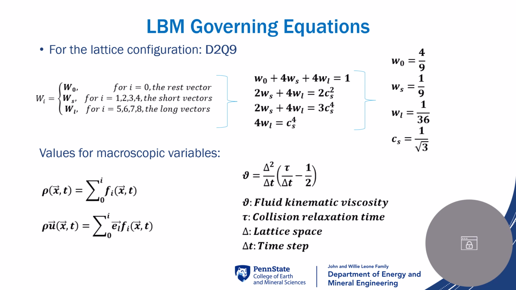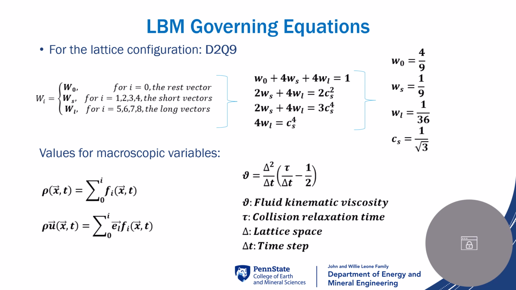Below we define how macroscopic fluid properties like density, rho, and momentum, rho u, are computed by summing over the distribution functions and their velocities. Lastly, the fluid's kinematic viscosity is expressed in terms of the lattice spacing, time step, and relaxation parameter tau, linking the microscopic model back to observable physical properties.